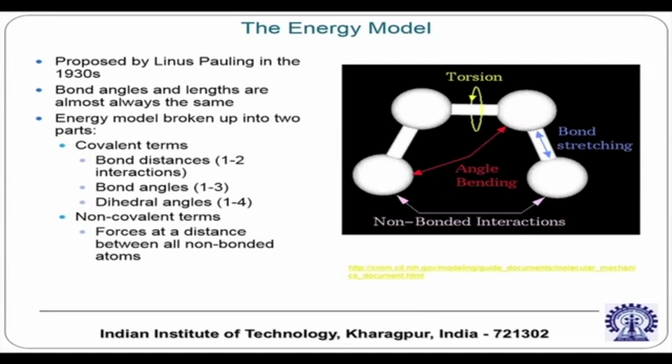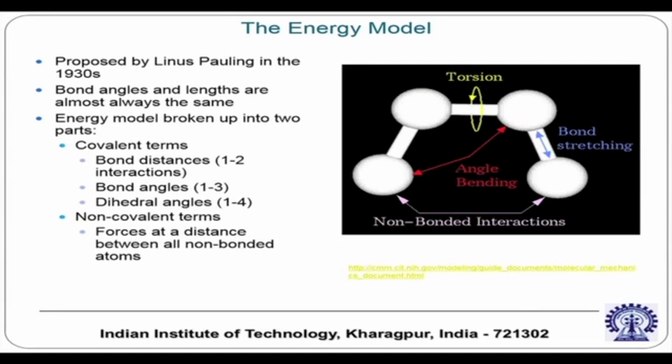Now what are the interactions that we are talking about? The interaction forces. You can have stretching of the bonds, so bonds may act like springs, you can have bending of the bonds, and you can have torsion of the bonds.